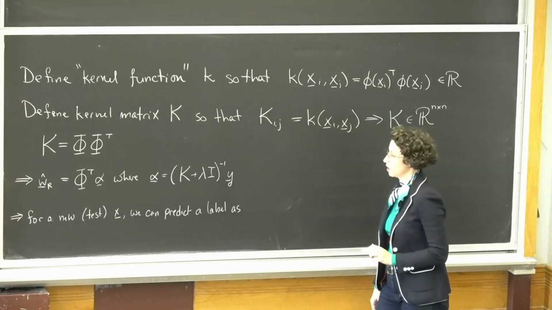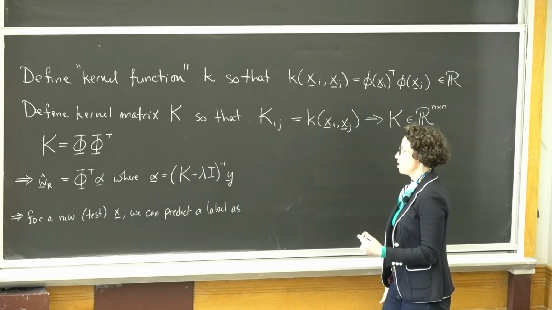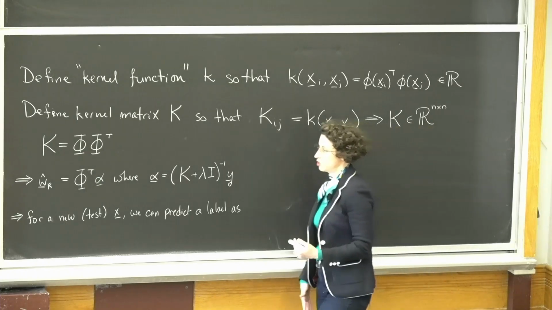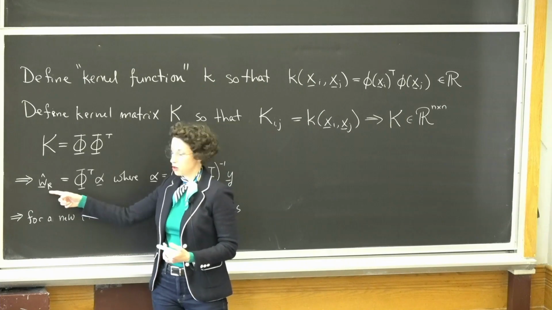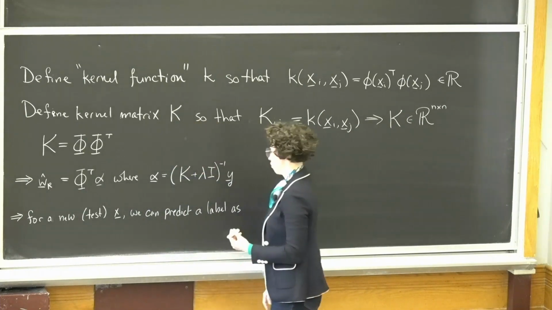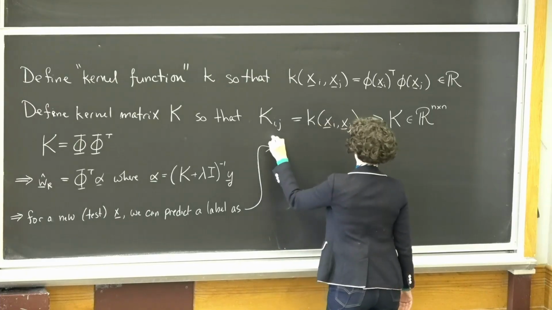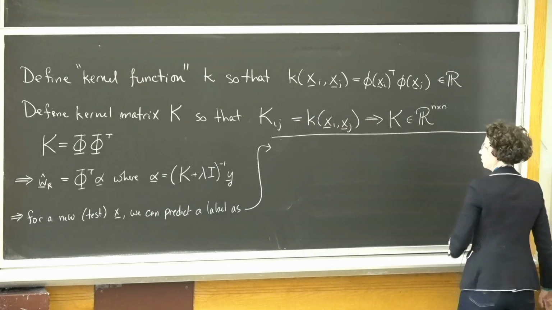as follows. So if we think about, in general, what we'd like to do, we are going to take this ridge regression weight vector and compute its inner product with phi of x. So let me just give myself a little bit of space here.